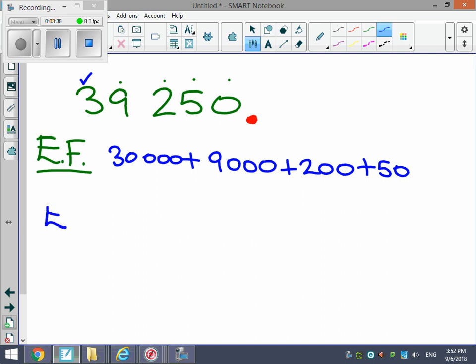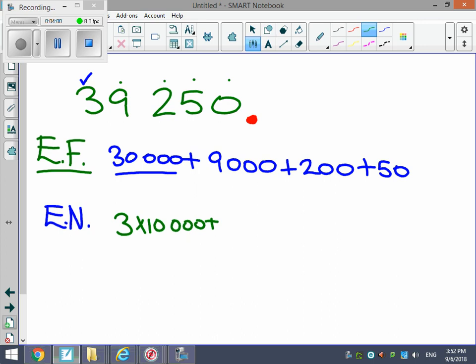Anyhow, in expanded notation, we're going to take the same sort of concept and now take 30,000 as base 10 numbers. So in order to get 30,000, we have to multiply 10,000 times 3. So it's 3 times 10,000.